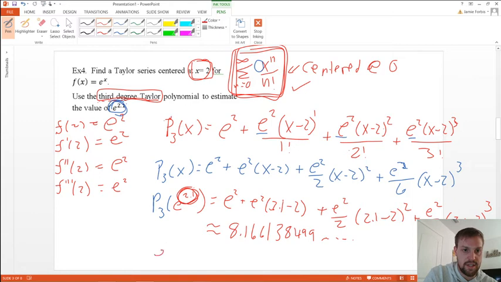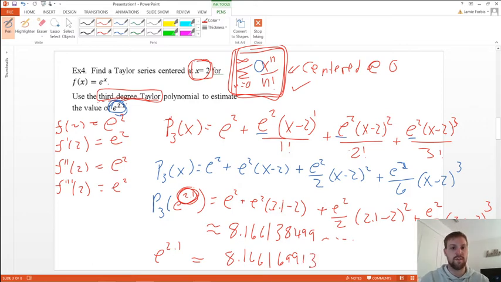And if you actually did e to the 2.1 power in your calculator, you get 8.166169913. So when we shifted the center to 2, and we really only went to the 3rd degree, so that's only 4 terms, look how much more accurate it is. It's still, that's what, a 4 decimal accuracy.